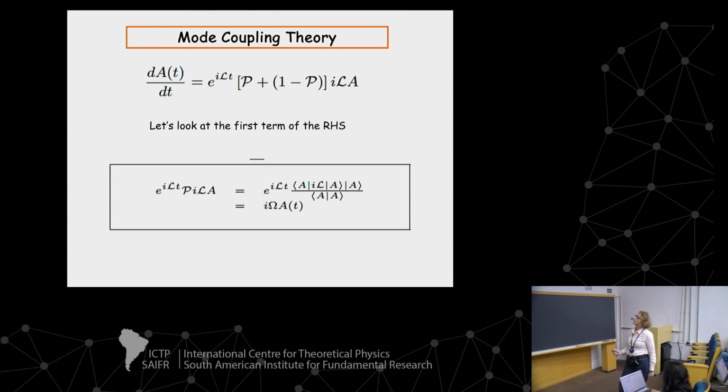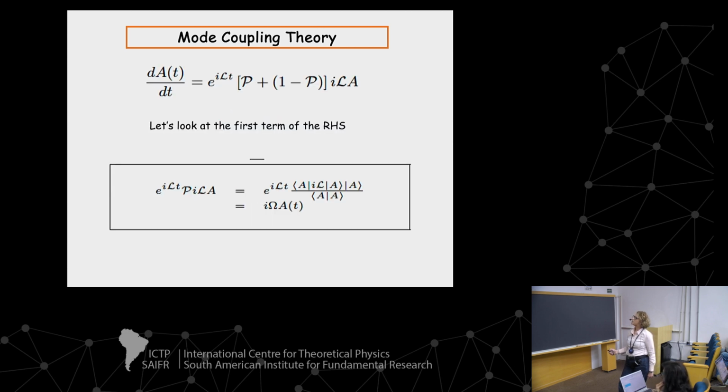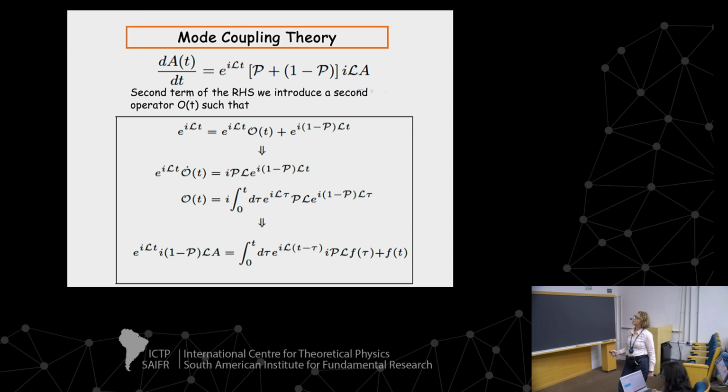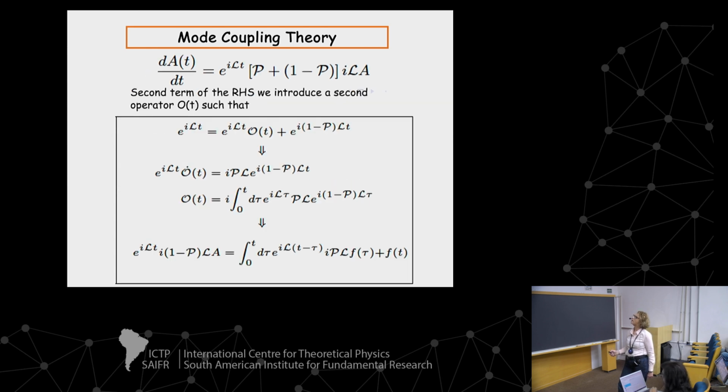If we look at the first term, e to the iLt times P of the right-hand side, with the projection operator that we defined, it becomes like this: e to the iLt times this part normalized. Then I can introduce an omega, a function that is a part of this, and I will come back to the definition of omega in a while.